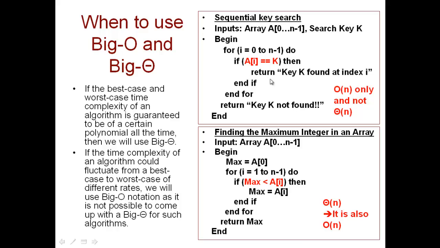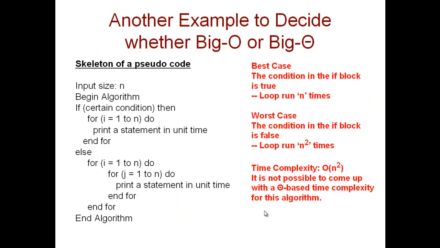For problems like this, we can only get an estimate of the upper bound: the maximum number of times we do the basic operation. For algorithms like the maximum integer, we can get almost an exact bound, which is a tight bound, the exact number of times we do the basic operation. Similarly here, we cannot get a tight bound, only an upper bound, because that's how the logic is programmed here.